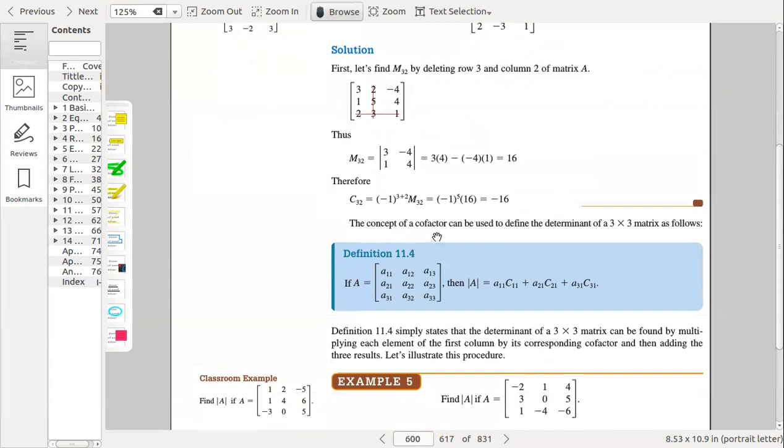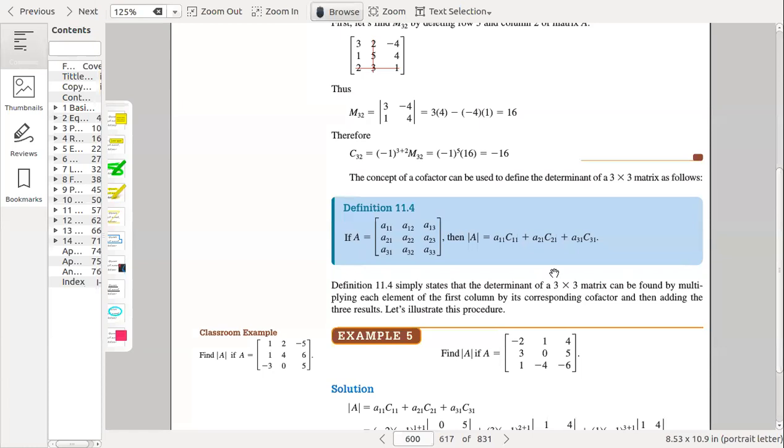The concept of a cofactor can be used to define the determinant of a 3 by 3 matrix as follows. If we want to calculate the determinant of the matrix, we can find the cofactors and it will be easy to find the determinant.